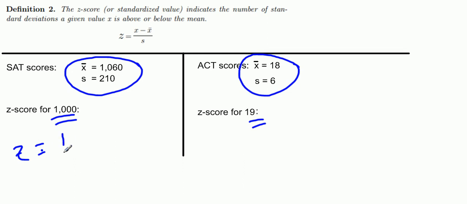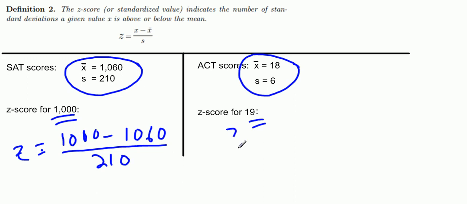So we would do 1,000 minus 1,060, all over 210. Okay? And for this one, the z-score, we're going to have to do 19 minus 18 all over 6. Okay? Now these don't turn out to be such nice decimals.